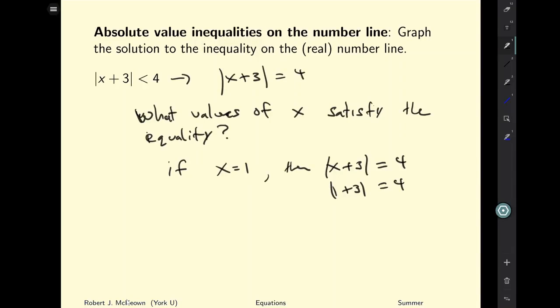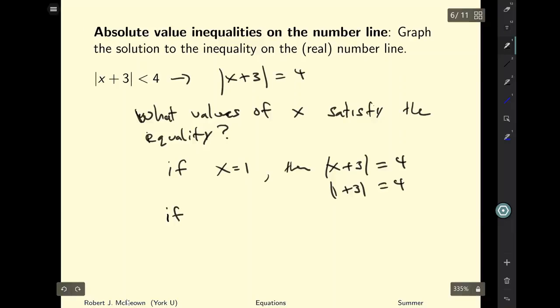With absolute values, there's often more than one solution. And when we talk about functions, we're going to see that with some special functions later.